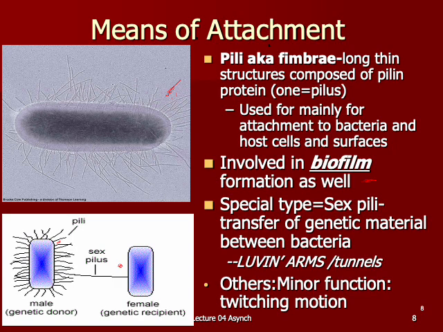This pilus is hollow, and it allows DNA to be transferred from one bacterium, here's the donor, to another bacterium, which we'll consider the recipient. The DNA goes through this pilus and into the recipient bacterium. You can think of it like they grab each other with loving arms, and these arms are like tunnels, and they send DNA over it.